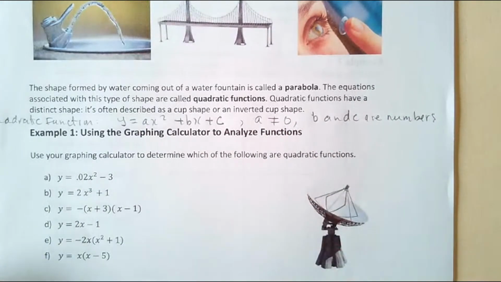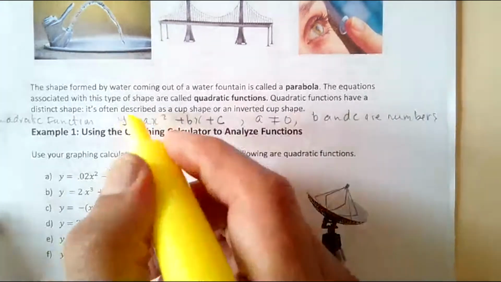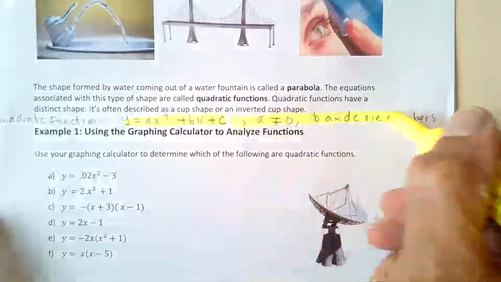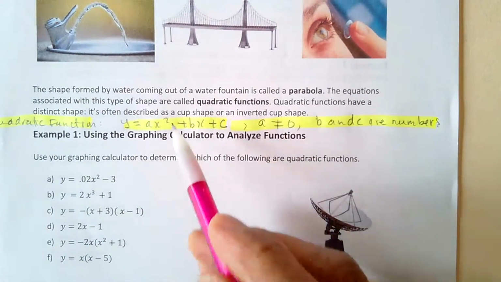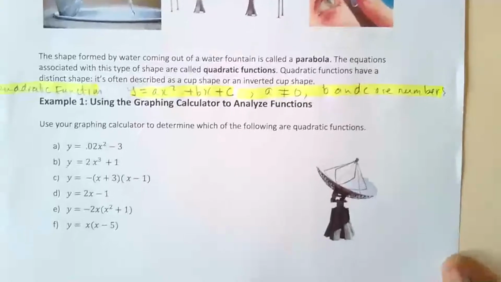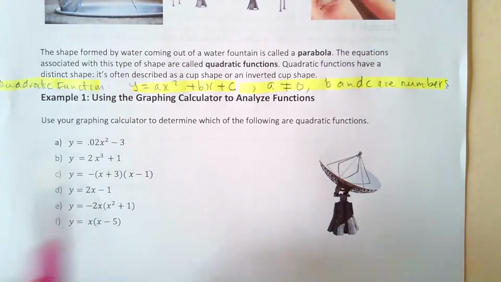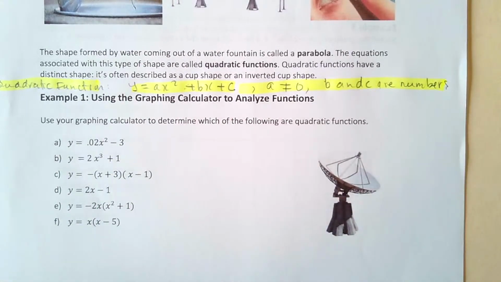It's very simplistic information, but we'll go into more details later on. So this is a quadratic function. So let's look at some examples. And we can use our graphing calculator to determine which of the following are quadratic functions.